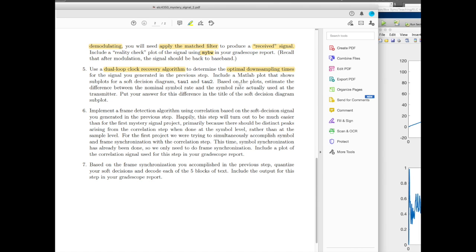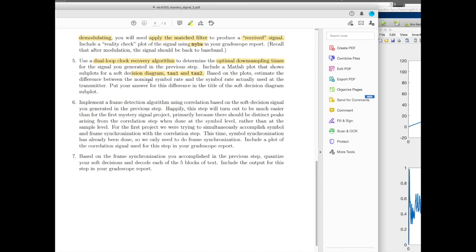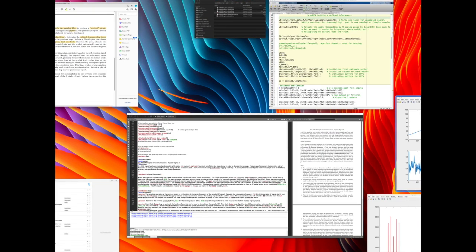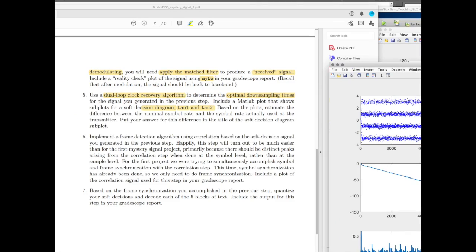So plug that in and adjust the update parameters. Remember on this one, sometimes you can get those fairly large to make them work, but adjust the update parameters to see a soft decision diagram and tau 1 and tau 2. Your plot there should look like the following.